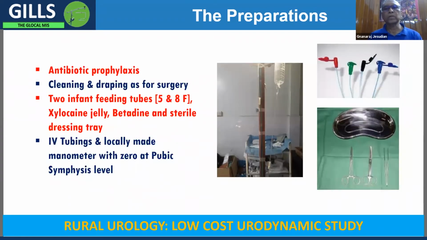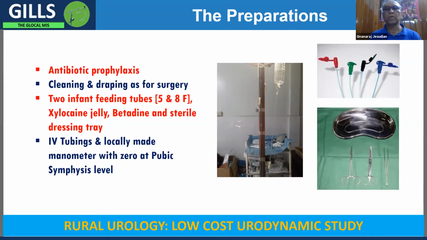How do you do this low-cost urodynamic study? In most patients, especially in rural areas, we prefer to start with prophylactic antibiotics, given about half an hour to 1 hour prior to the procedure. Then the patient is cleaned and draped as though they're going to have any regular major surgery.